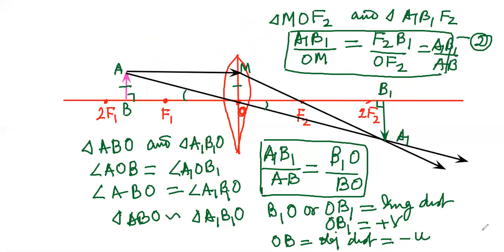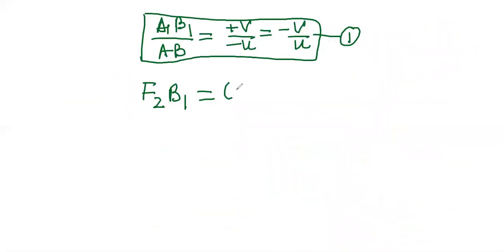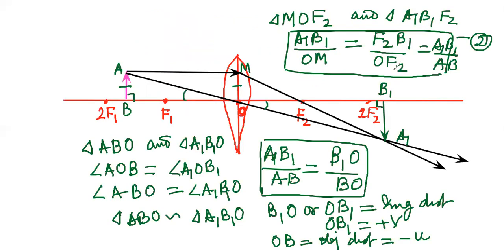So I can write F2B1 is equal to OB1 minus OF2. Similarly, what is OF2?